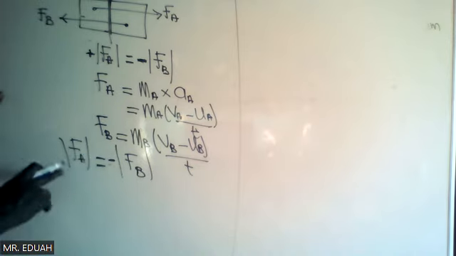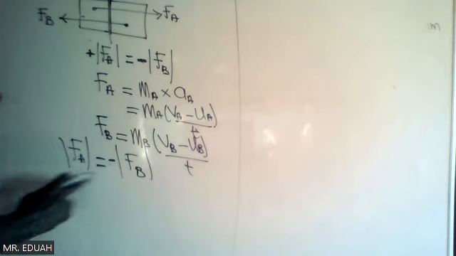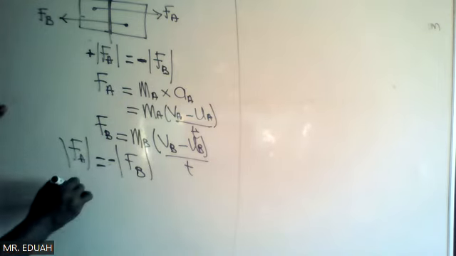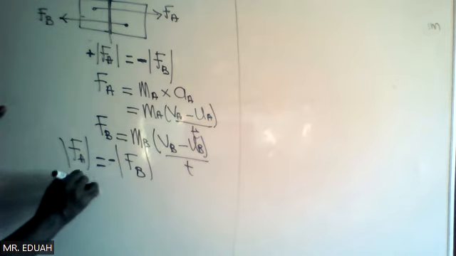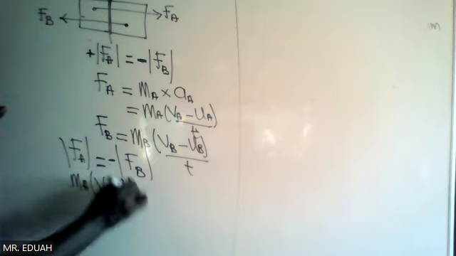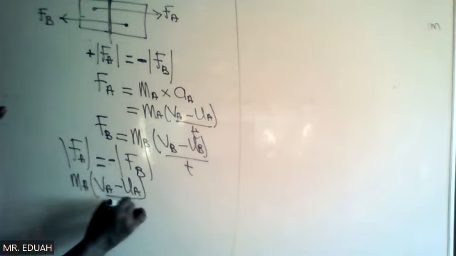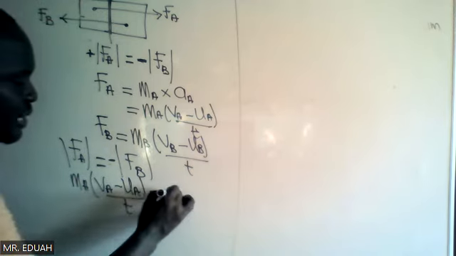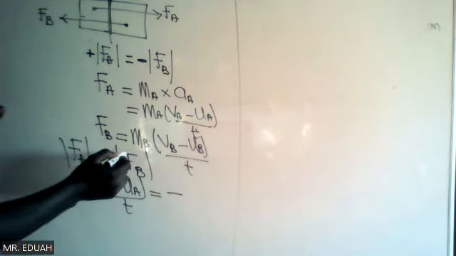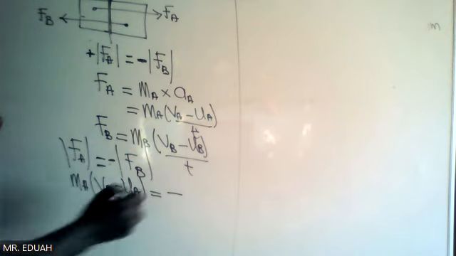So let's substitute whatever we had for Fa, whatever we had for Fb. So Ma times Va minus Ua over T is equal to negative. Don't forget we negated B because of the different direction.